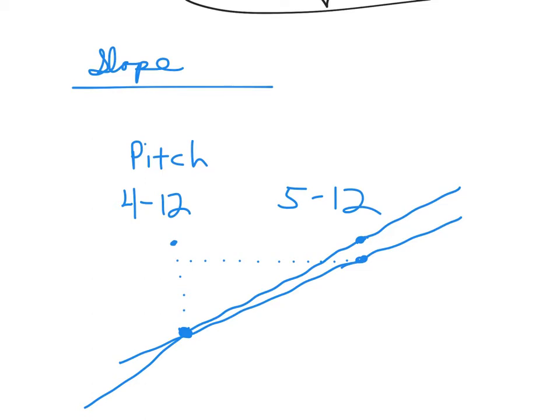Okay? Now that idea of comparing the rise to the run, that's the same idea as slope. Same exact idea. The only difference is slope can be negative. Pitch they never refer to as negative. So let's think about that now. Let's put ourselves in the XY plane.